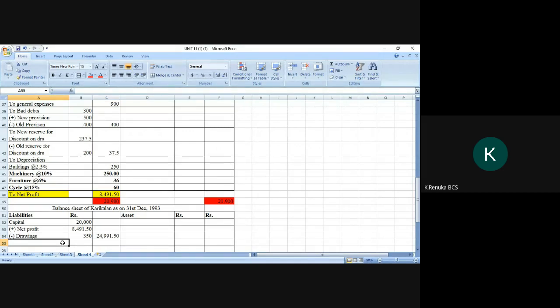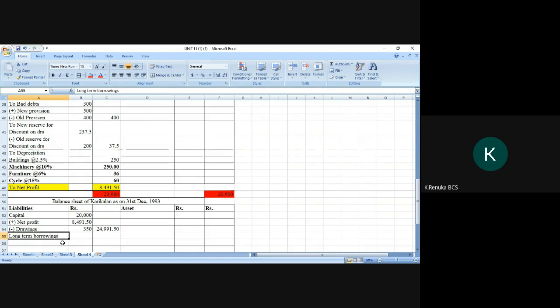Next, we are going to place all the liabilities which have been given in your question on the liabilities side. Those items will be recorded in the liabilities side. They have given you long term borrowings in your question. Under the head long term borrowings, we have loans. Value is 5,000.